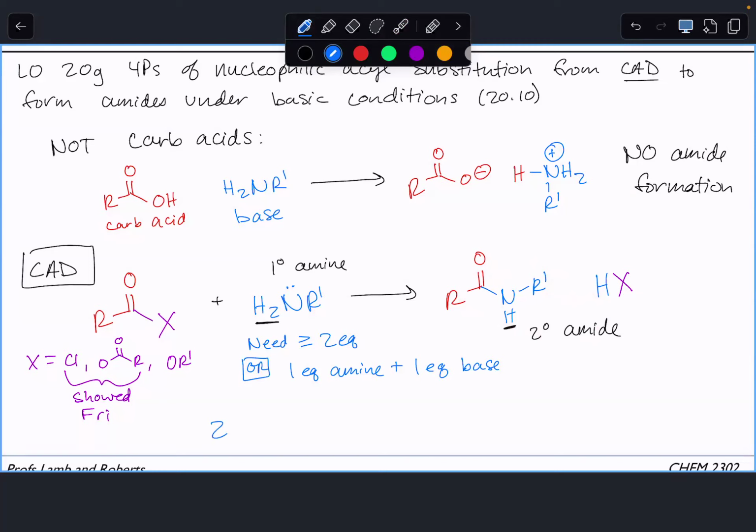Similarly, a secondary amine, which starts with 1 hydrogen on your nitrogen, will go to a tertiary amide because we will lose that proton. If you use a tertiary amine, this cannot do this reaction, because we need a proton to lose.